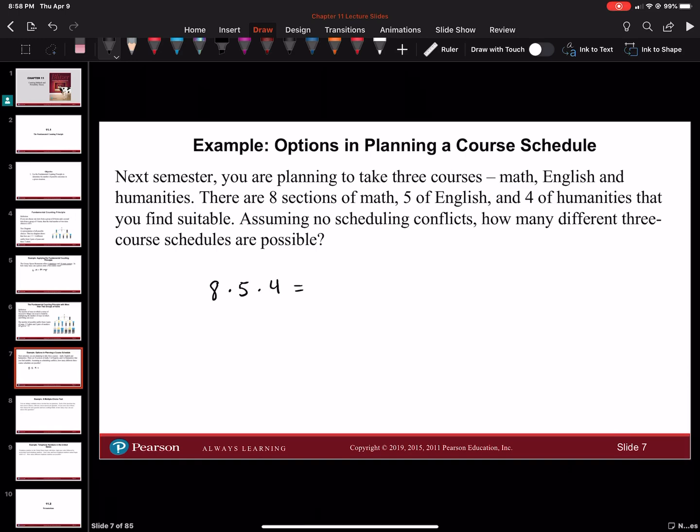So 40 times 4 gives me 160. So it's 160 different ways that you can make your schedule. So keep that in mind when you're doing these problems.